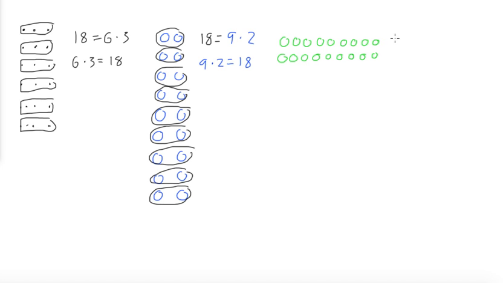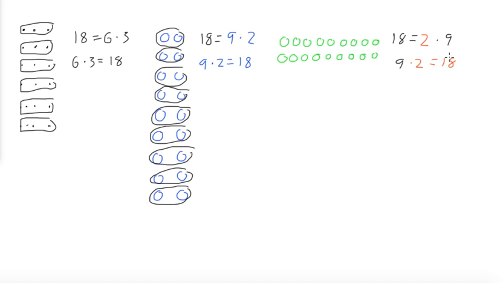So you can say that 18 circles is equal to two groups of 9, or 9 times 2 equals 18. Okay?